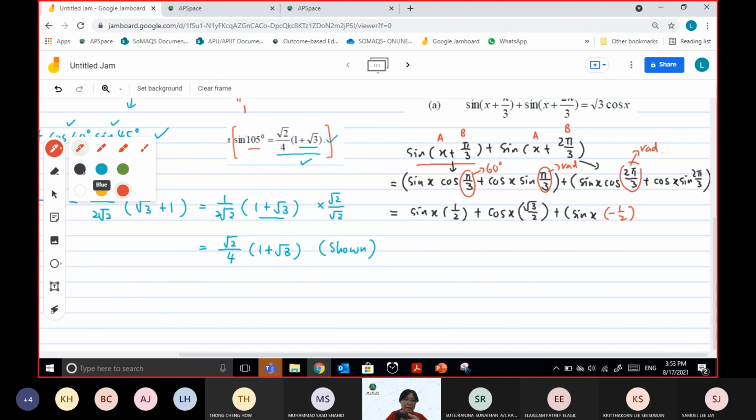Then plus cos x sine. Try to find sine. I think this one you will get square root of 3 over 2 as well.